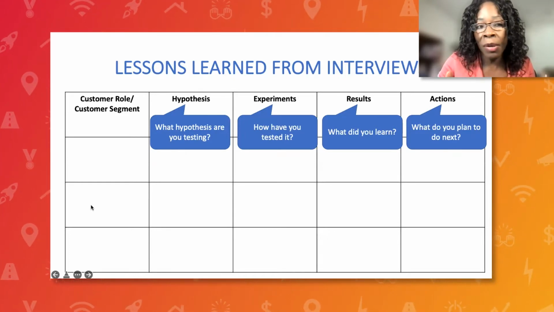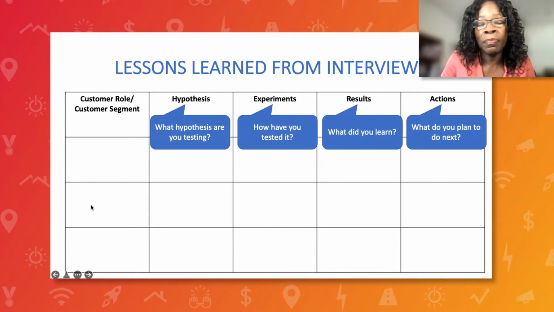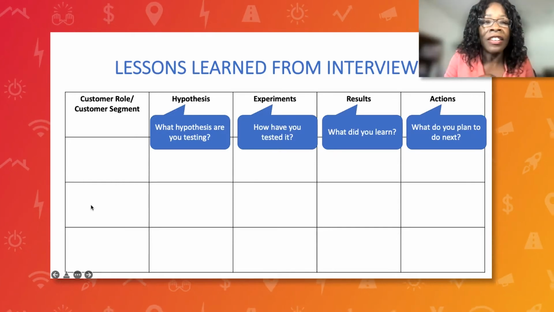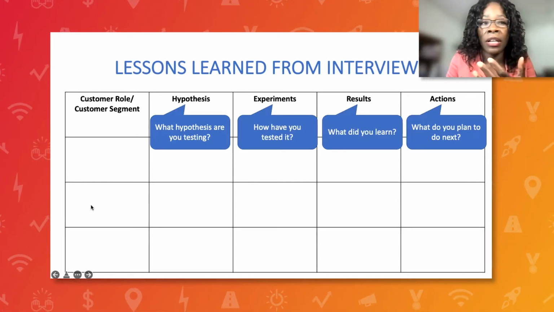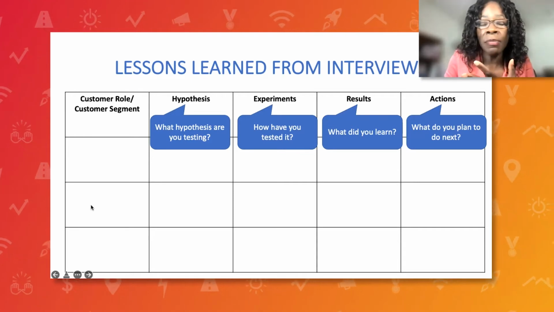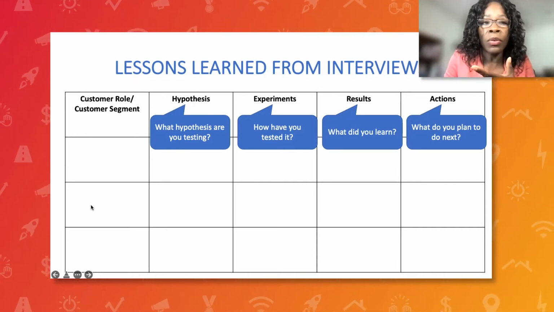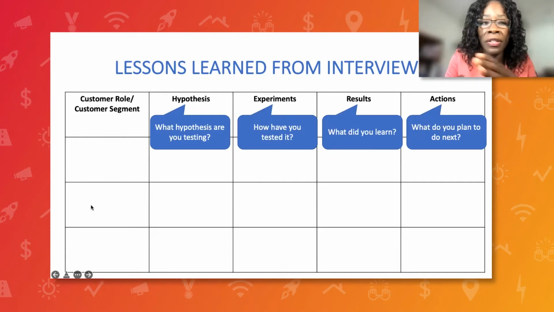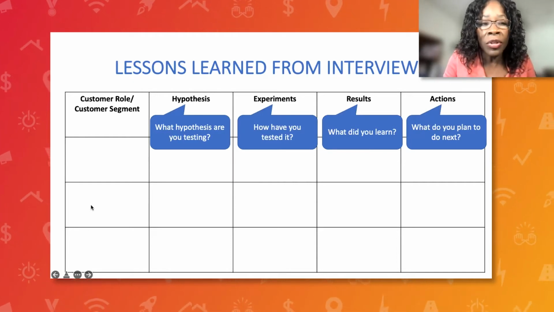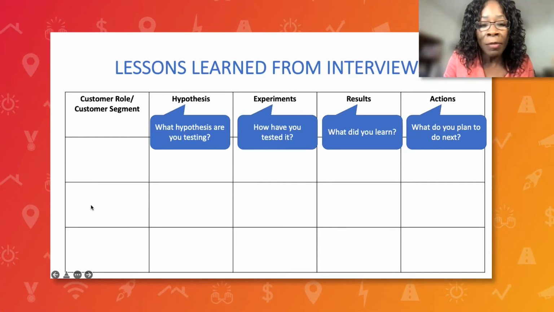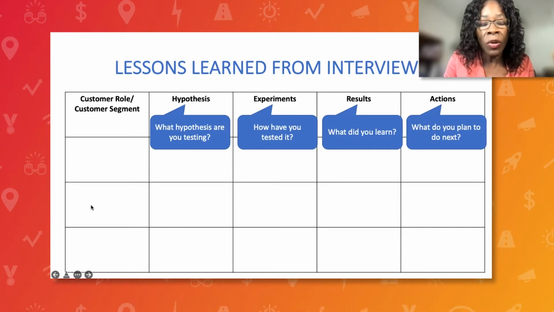And remember, I gave the example of, if it's a hospital, don't just say hospital. Is it a research hospital? Is it a teaching hospital? Is it a rural hospital? Is it a small hospital? Is it private? Is it public? So that you're really able to come up with a particular customer role, meaning a title of your customer, and the particular customer segment.